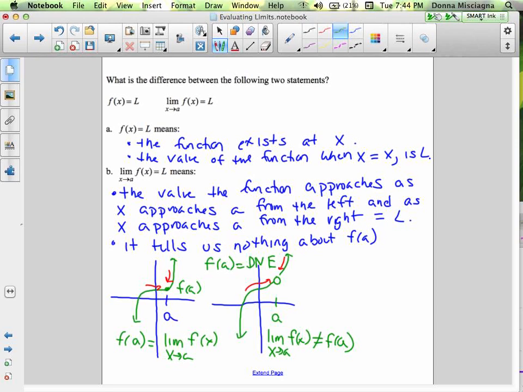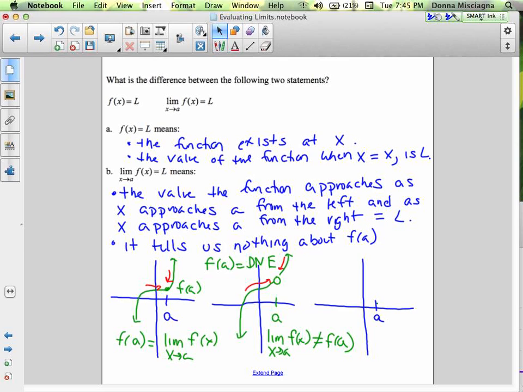It could be we have a third scenario. Here's a again. Here, f of a does exist.